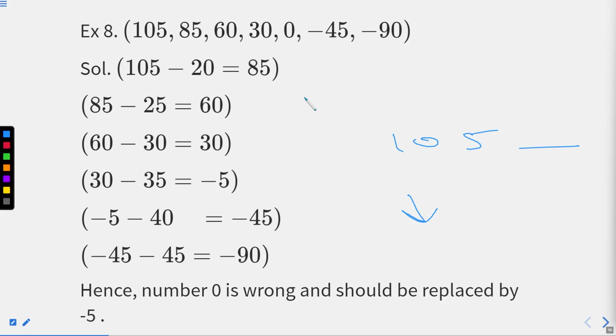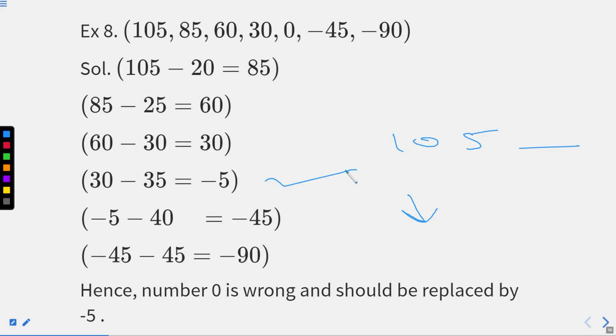So initially the number difference is 20, then the number difference is 25, then the number difference is 30, then it should be 35 instead of 30 again. That is why our answer is minus 5 instead of 0. Okay, I hope everybody is clear till here.